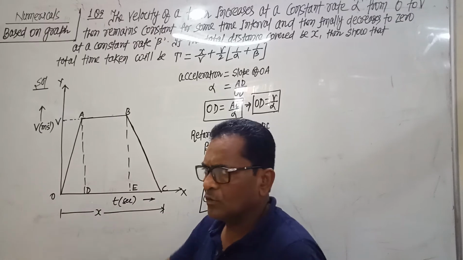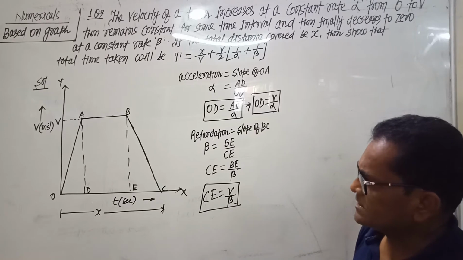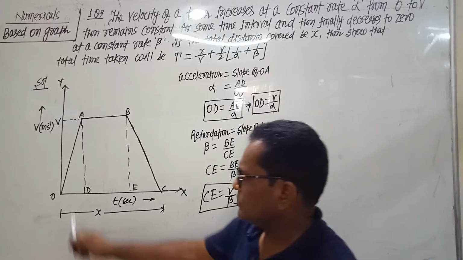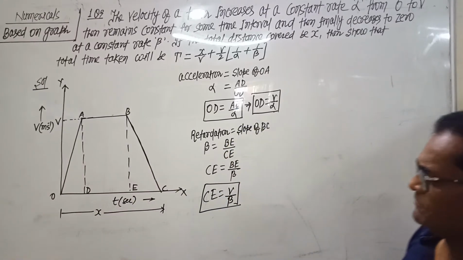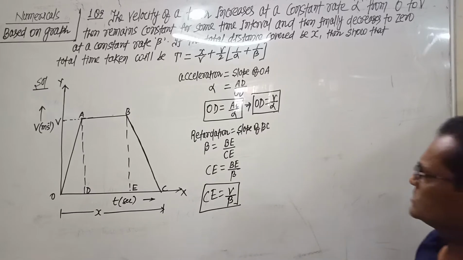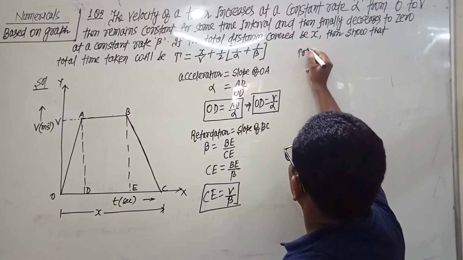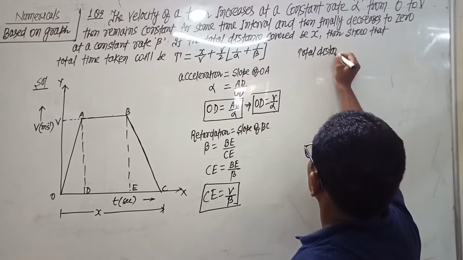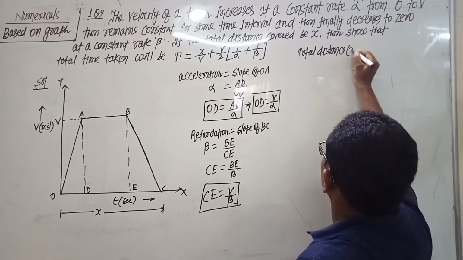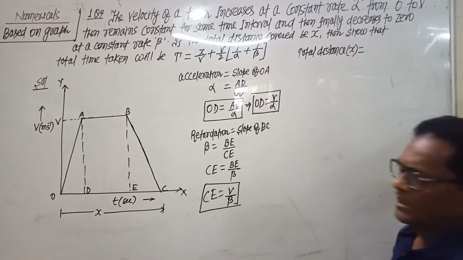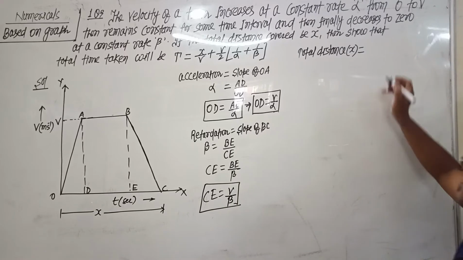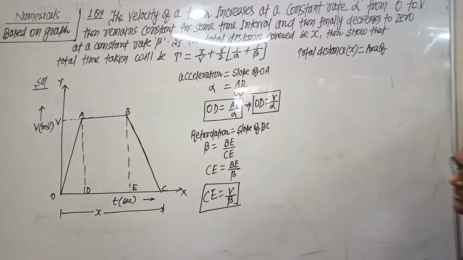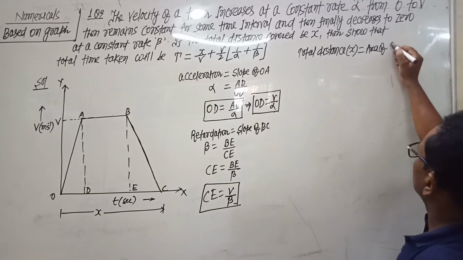Now we know that the distance covered in a velocity time graph equals the area under the VT graph. So the total distance covered, x, equals the area under the VT graph, which equals the area of trapezium OABC.